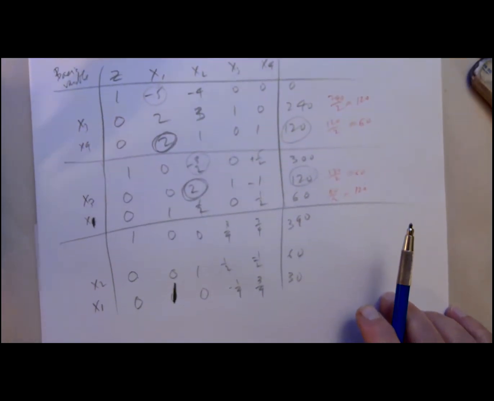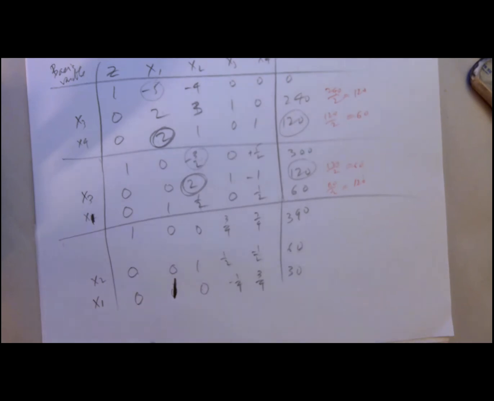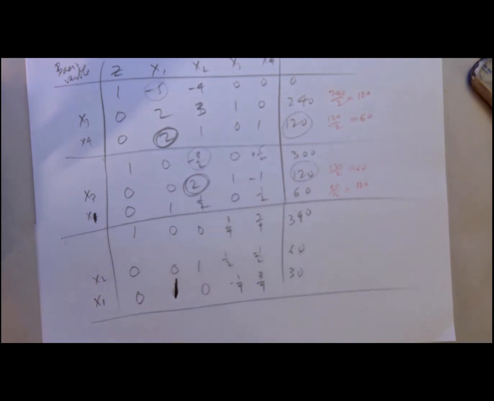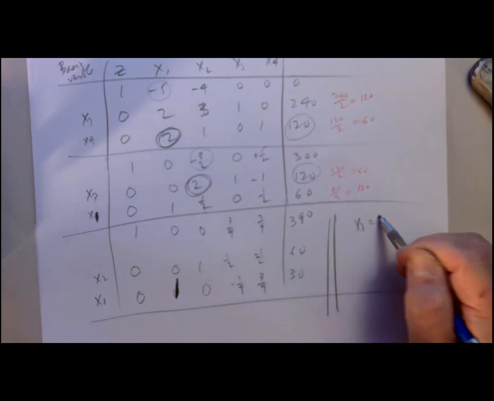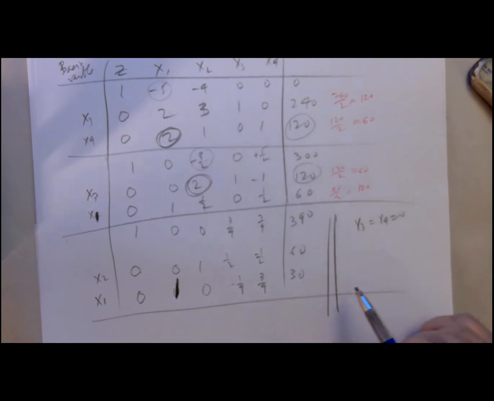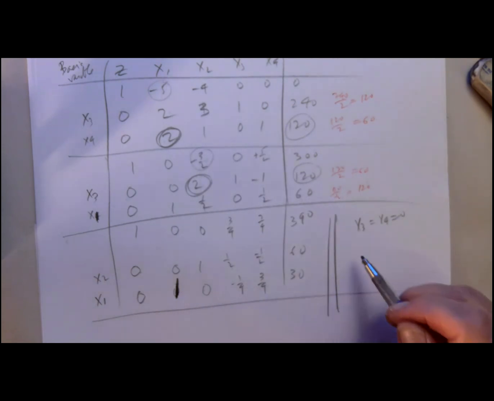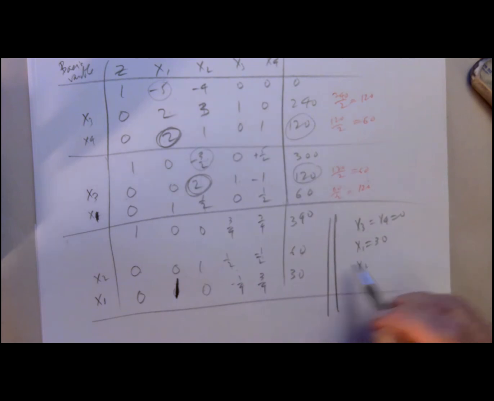So I've done my arithmetic, and I set x3 and x4 equal to 0. This says x1 is equal to 30, x2 is equal to 60, and my maximum profit is $390.